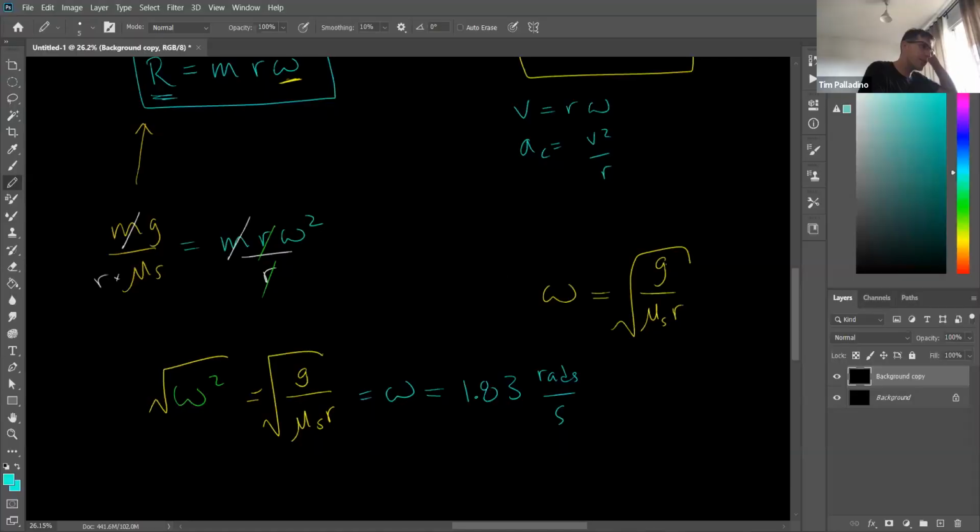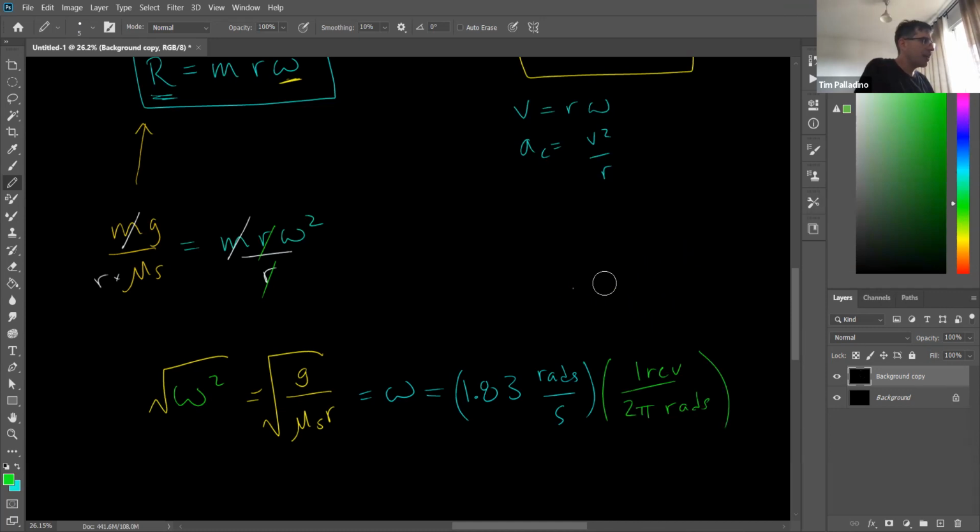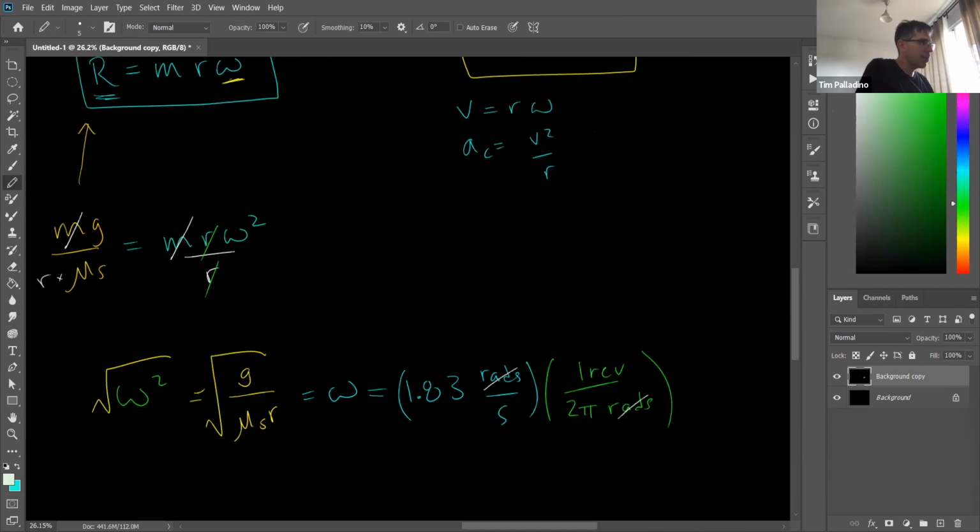And so before we get the correct answer, what we need to do is multiply this by some conversions. In this case, I know that 2 pi radians is equal to 1 revolution. I'm just going to erase that equation above there, get it out of our way. Notice that the units of radians cancel out, although they don't really need to.